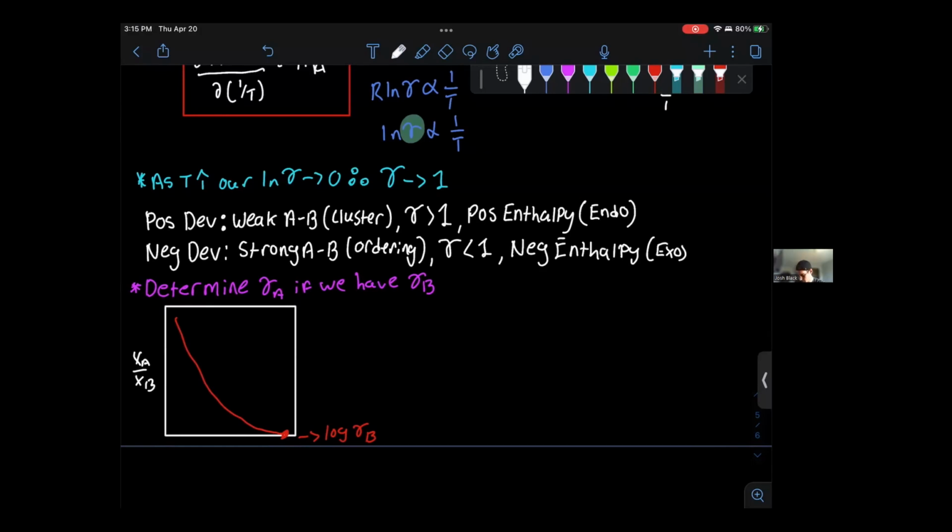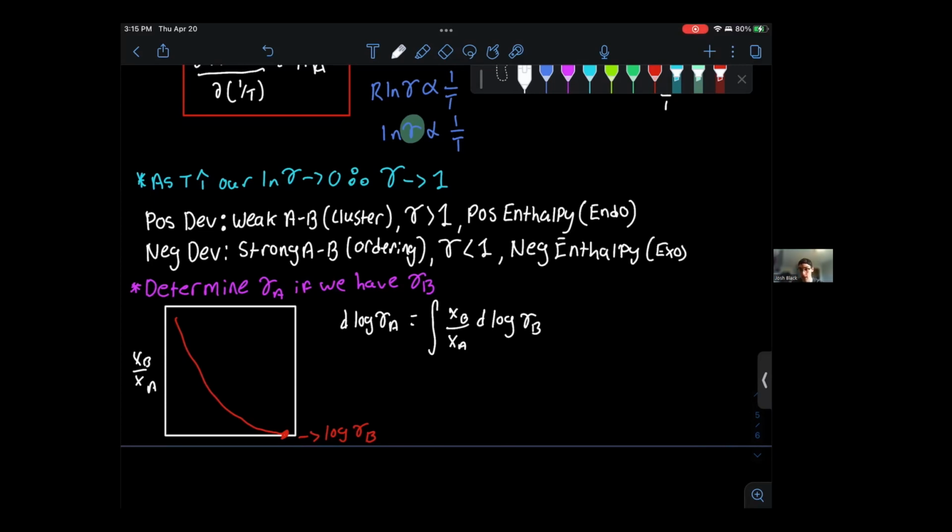So we know that the logarithm of gamma A is going to be equal to our integral here of, I flipped these, this should be xB over xA, d log of gamma B.